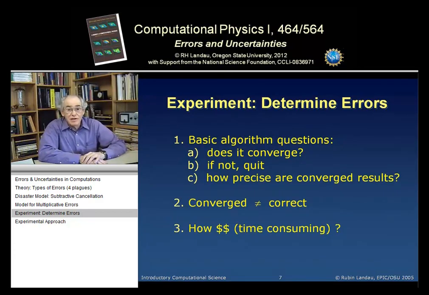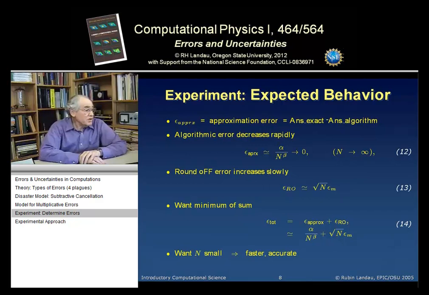Expensive is another colloquial term on a computer, meaning how time-consuming is it? If it takes 1 second or 2 seconds, it doesn't matter. But if you're running for a week versus an hour, it makes a big difference. And the best way to speed up any calculation is to use a better algorithm, not to find a faster computer.